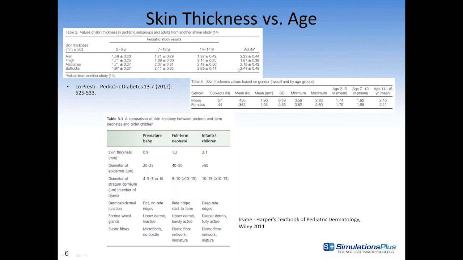There are going to be some differences in the skin thickness with age, and this is just showing some of the data that we've collected about this. But there aren't going to be any huge differences going from full-term infant to children to adults. If you are doing the pediatric modeling, and especially once you get down to the babies, this would be something that you'd want to think about.